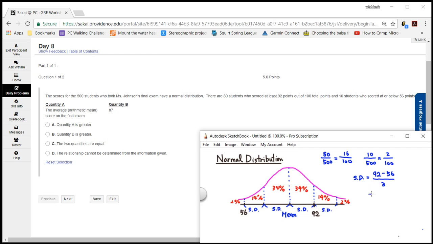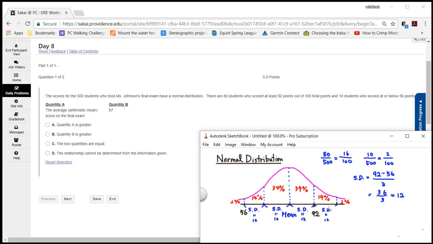So 92 minus 56 is 36, divided by 3 is equal to 12. So we know that the standard deviation here is 12, and these are all 12s, right?